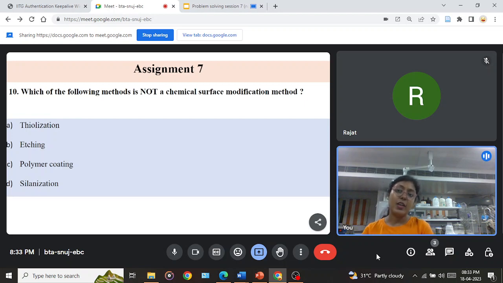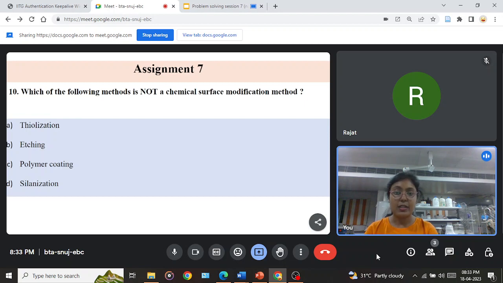In thiolization, what we do is coat the surface with a substance that contains the thiol group, right? Any substance containing this thiol group, when coated onto a surface, we call thiolization.